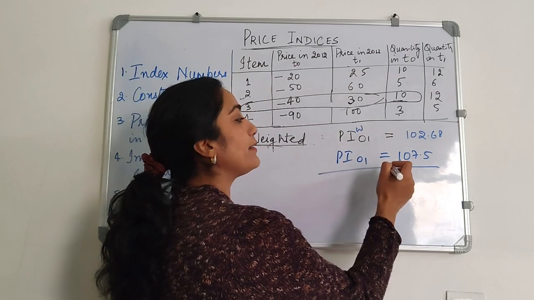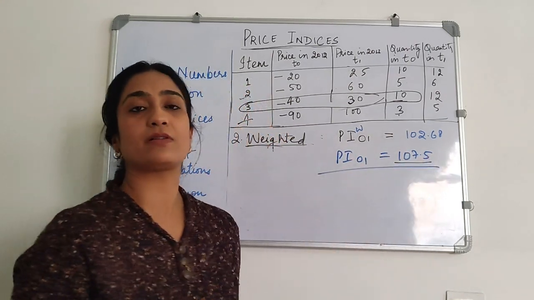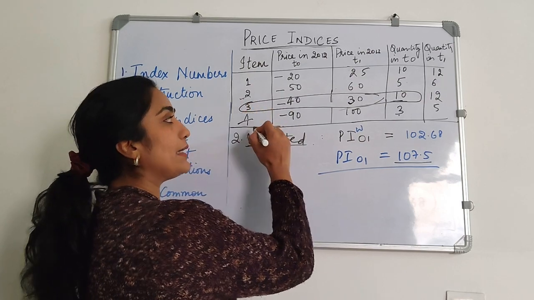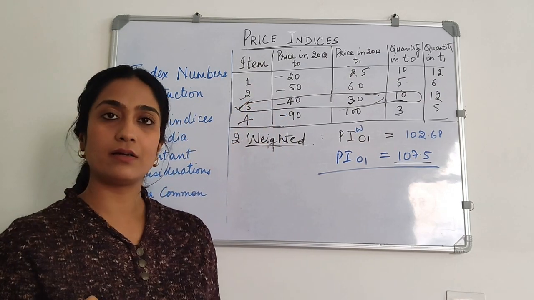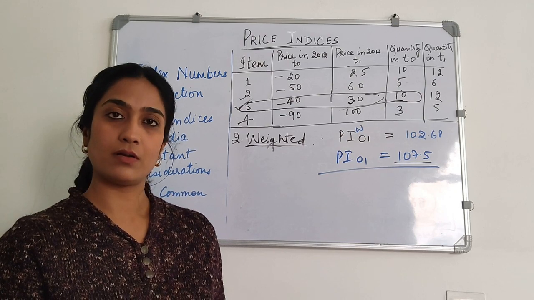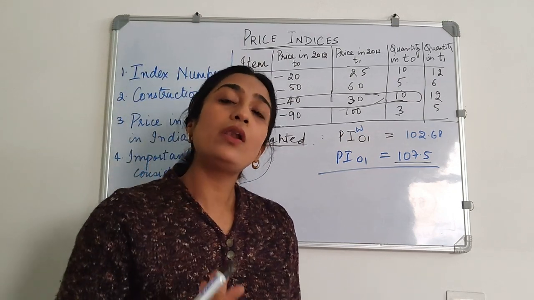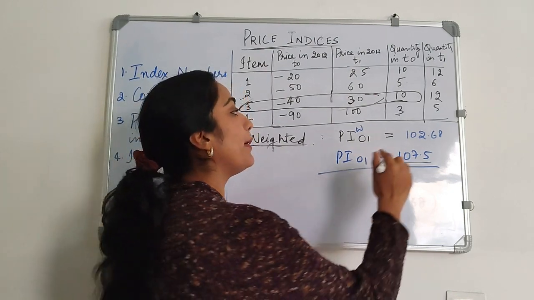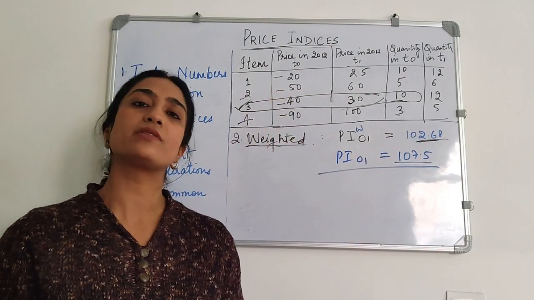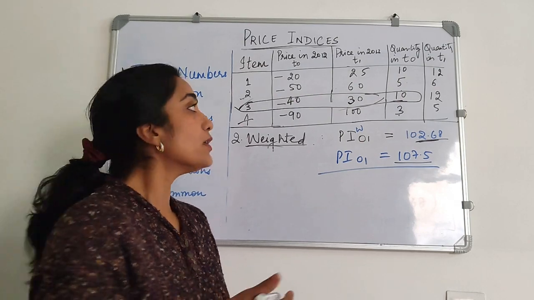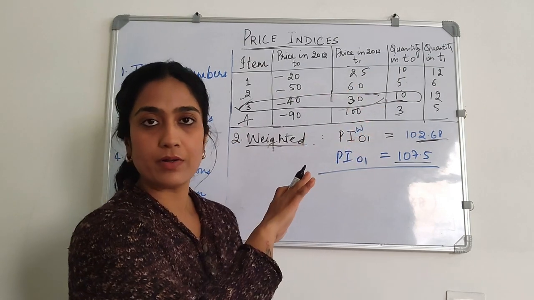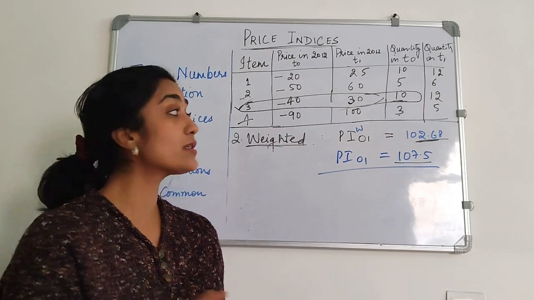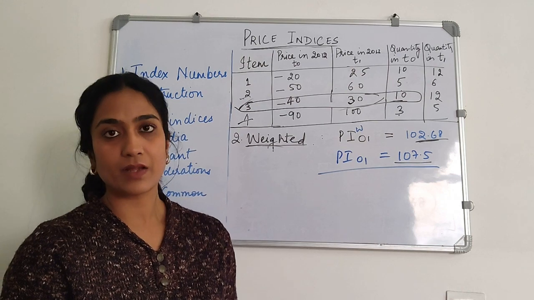Whereas the non-weighted inflation number was 7.5%. Now that we know that the price of a very important commodity has gone down, the net rise in price level is by a lower amount, only 2.68%. The price of most commodities have gone up, but the price of a very important commodity in the consumer basket has gone down.